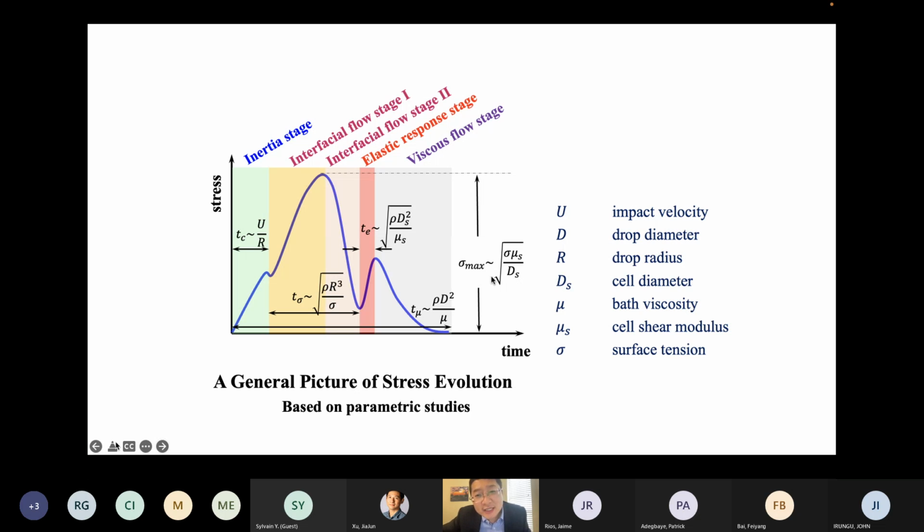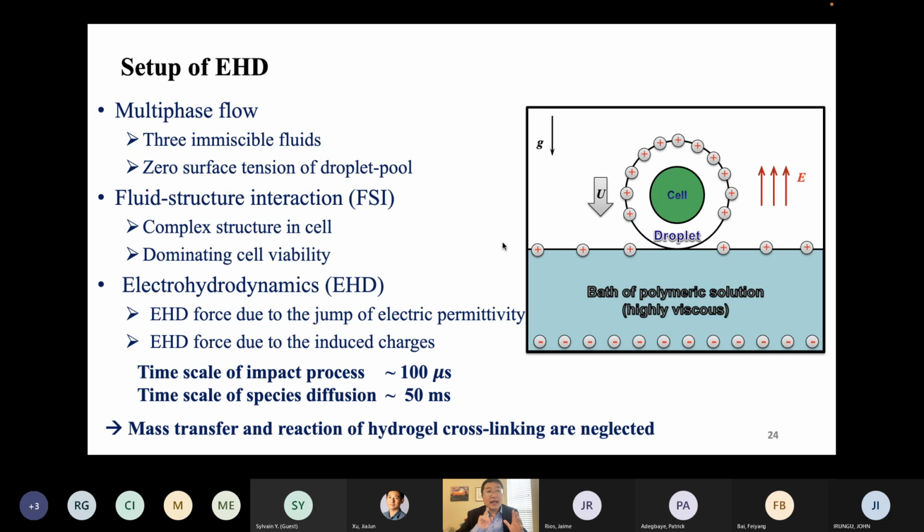The maximum stress is on the order of surface tension sigma, viscosity, and the diameter of the cell. So this is the basic general picture. How can we promote cell viability? One way is the way I propose.